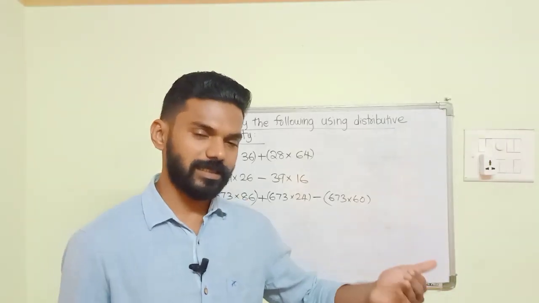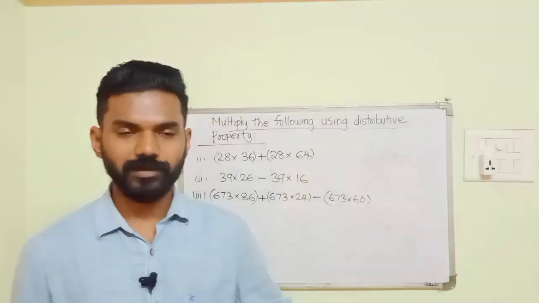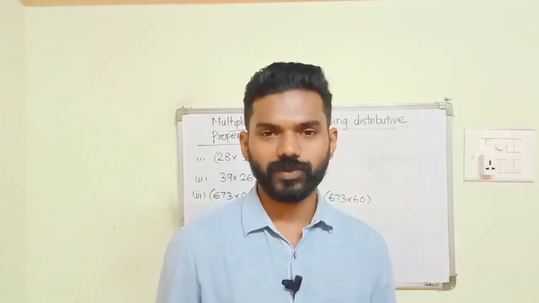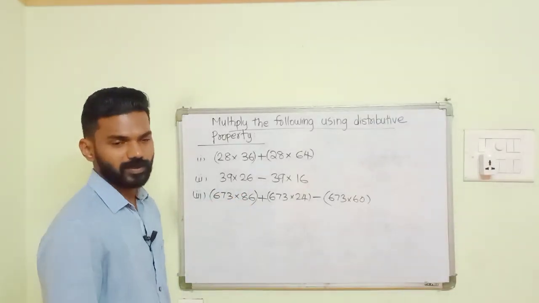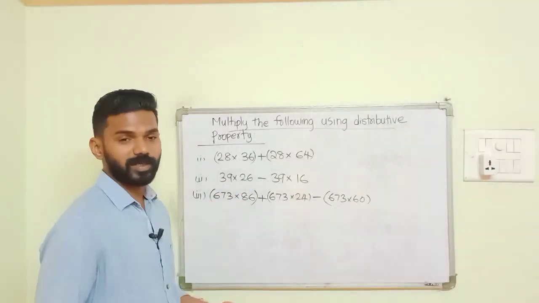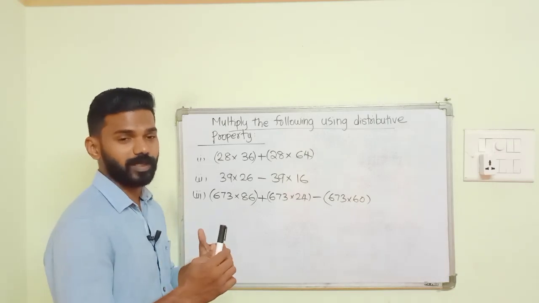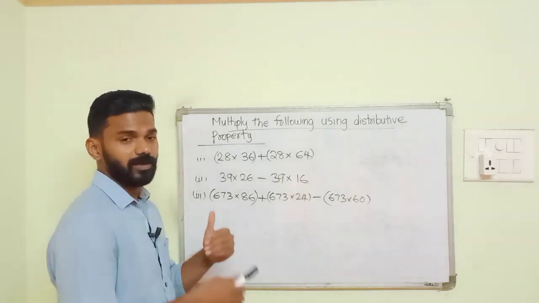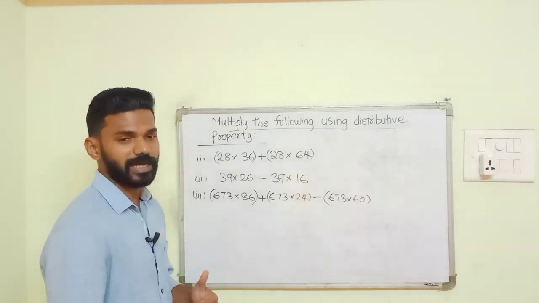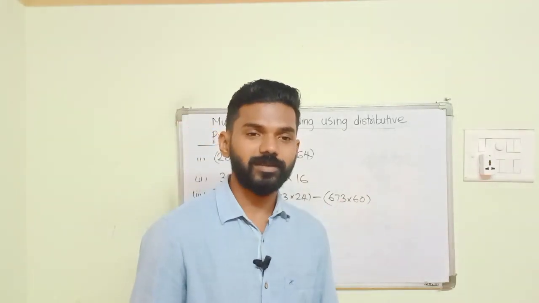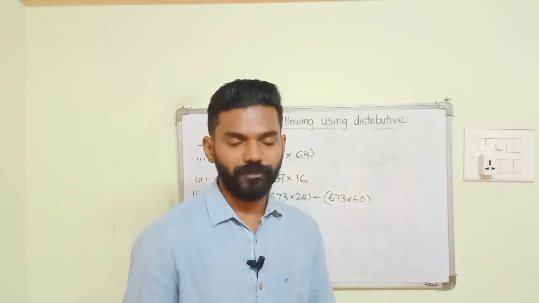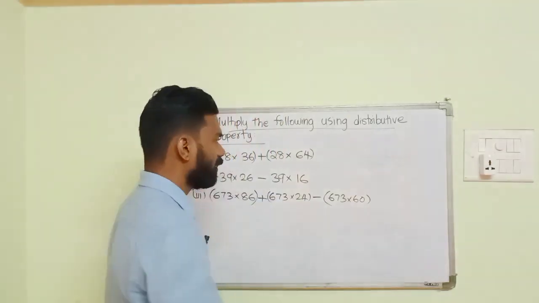Multiplication over addition and multiplication over subtraction you can use and solve these problems. So let us check which property can be applied, whether multiplication over addition or multiplication over subtraction can be applied, or both can be applied to solve the problems.